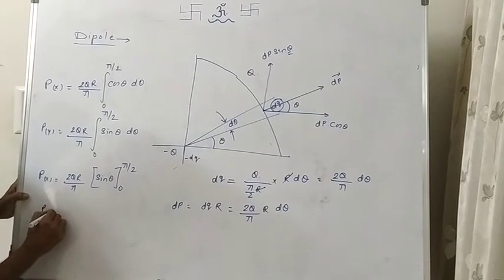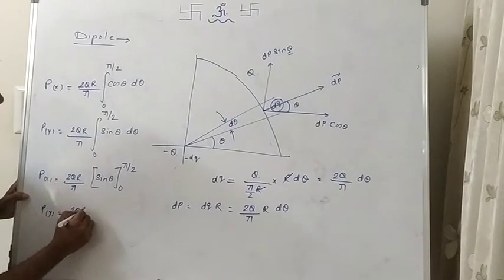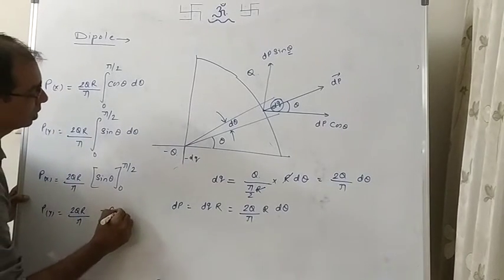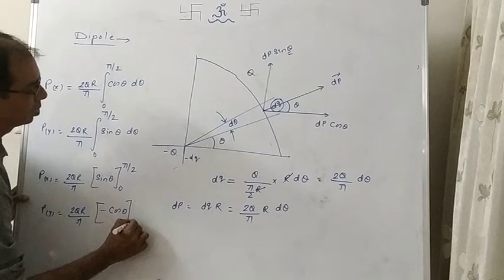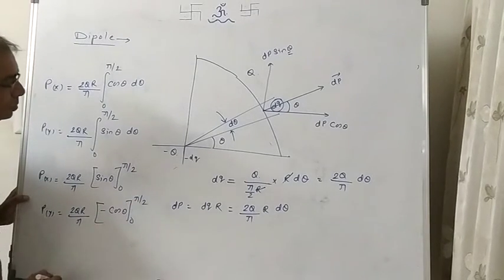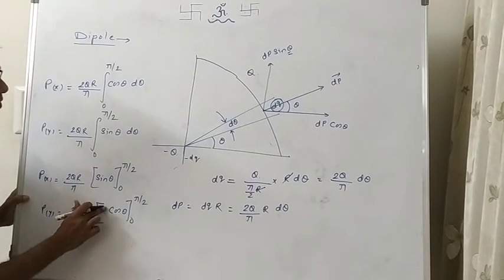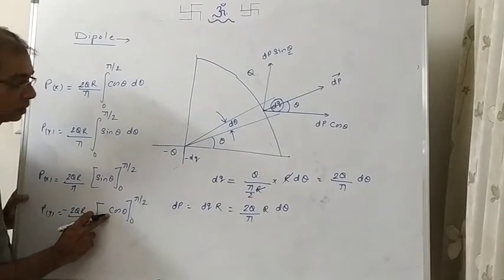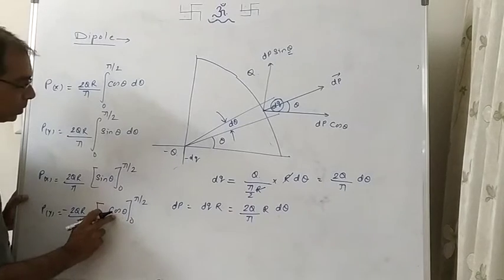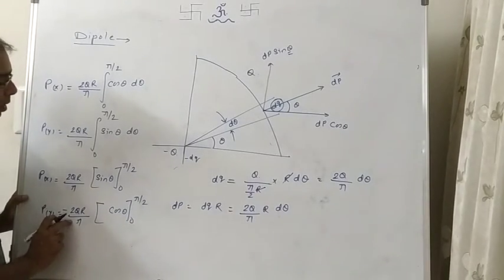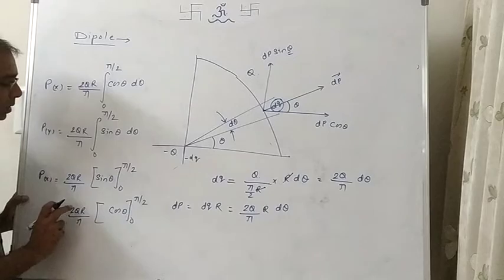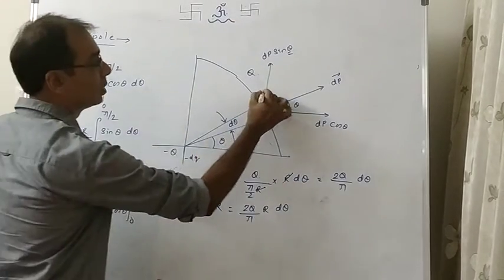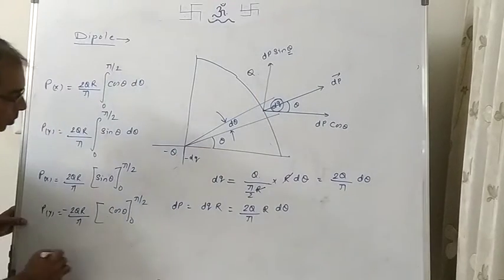Py. This is 2q r by pi. Sine theta's integration is minus cos theta, from 0 to pi by 2. Okay, minus we take outside here. Then cos pi by 2 is 0. Minus cos 0 means minus 1. So minus 1 into this, 2qr by pi. So this is also 2qr by pi, this is also 2qr by pi. Both equal. And both are perpendicular to each other. So resultant will be what?